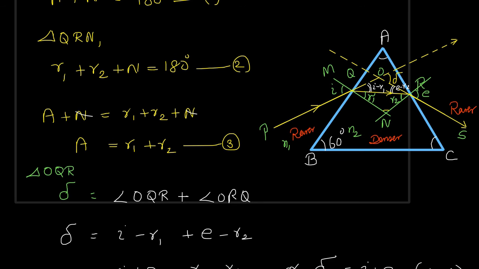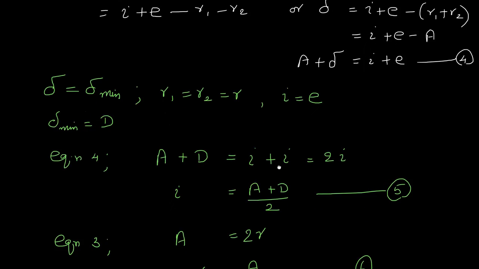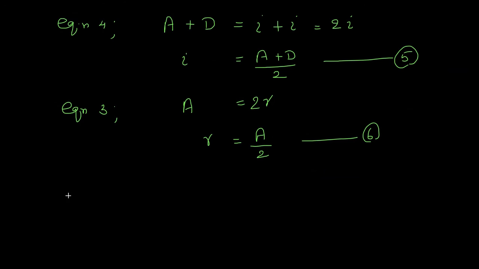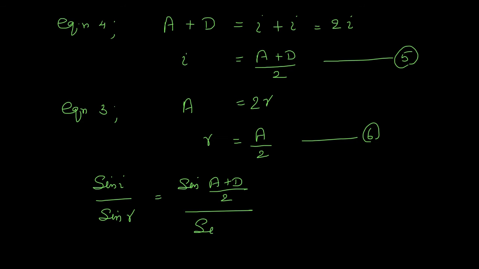So according to Snell's law, we substitute sin I by sin R as sin of A plus D by 2 divided by sin A by 2.